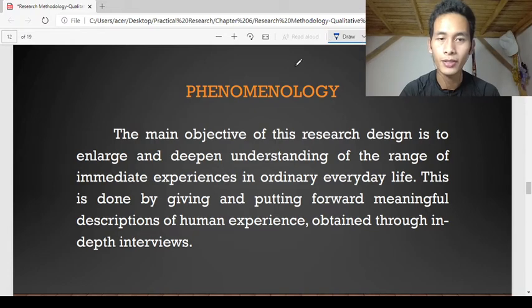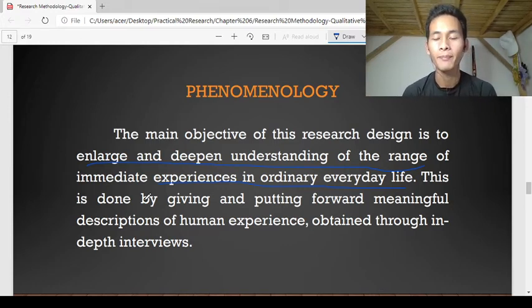The main objective of this research design is to enlarge and deepen the understanding of the range of immediate experiences in ordinary everyday life. From time to time, we are confronted with various phenomena, appearances, activities.